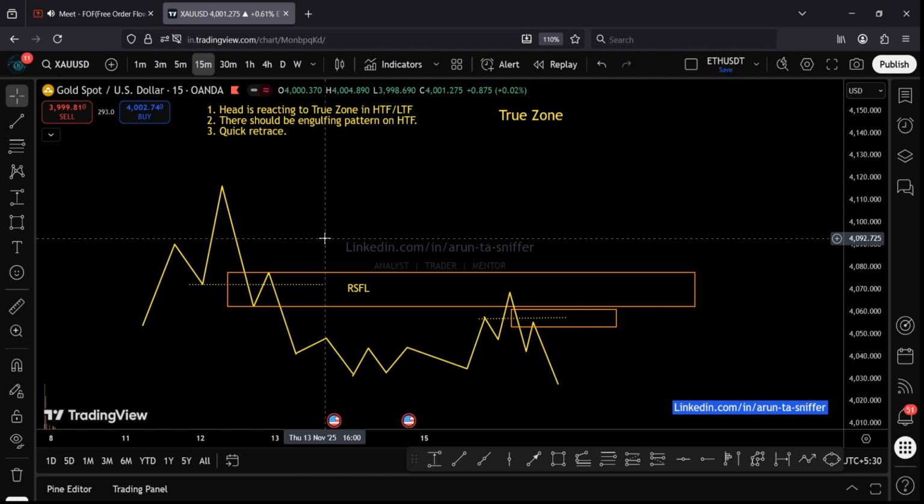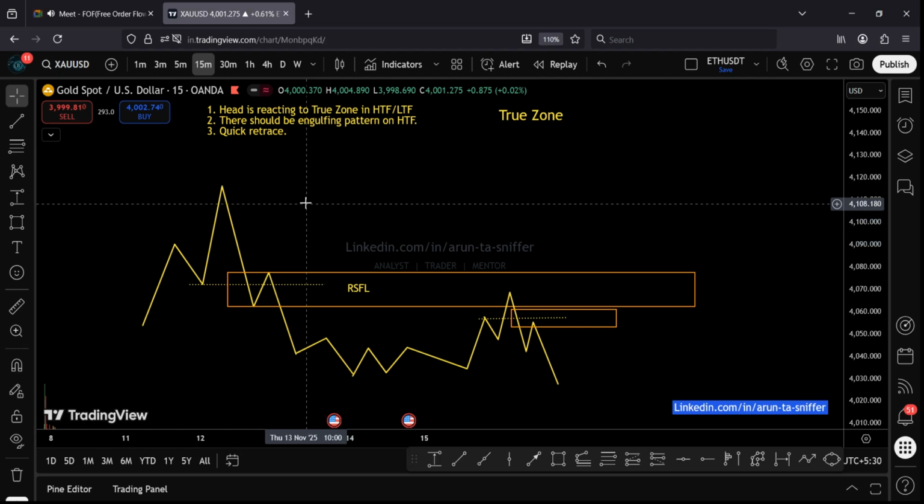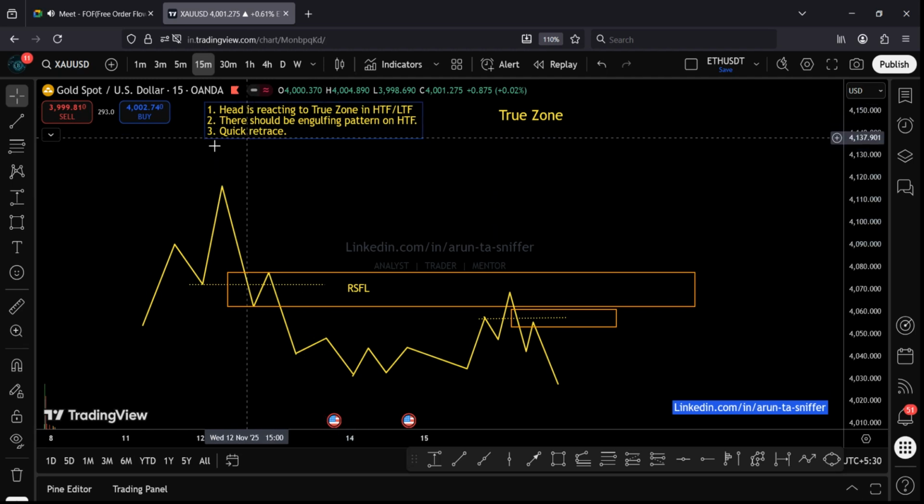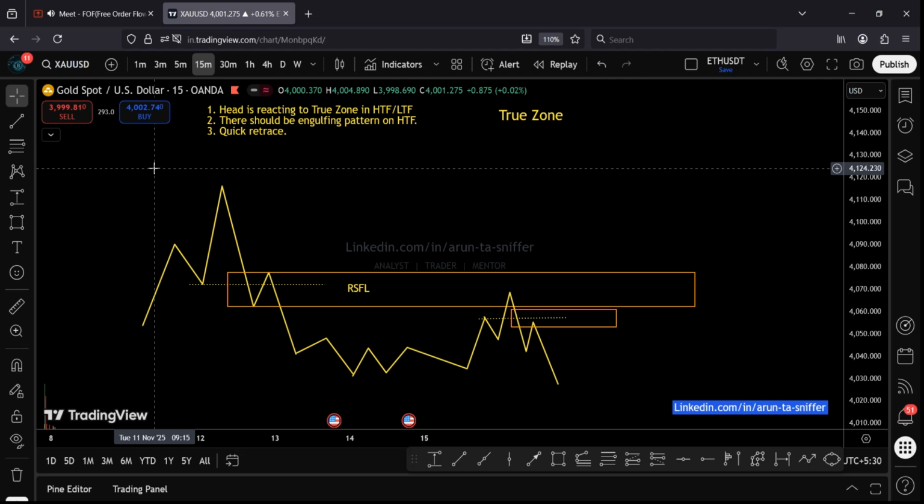Okay, any question on RSFL working as a true zone? Always remember, if all these three conditions are met, then we will take the touch trade and our zone will work as a setup.